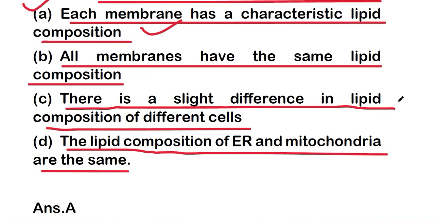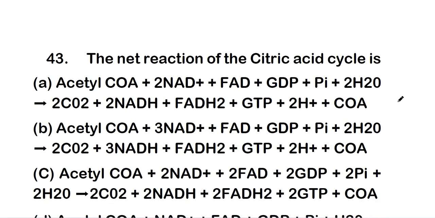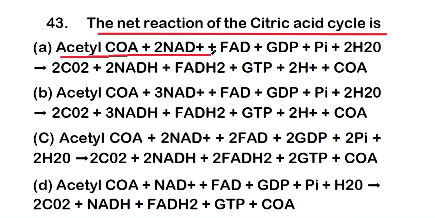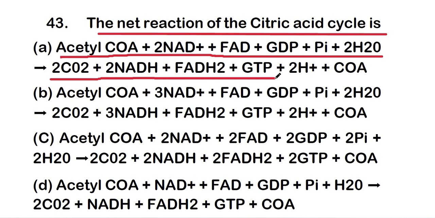Okay, so let's move on to the next question, that is question number 43. So here it is: the net reaction of the citric acid cycle or TCA cycle is option A, acetyl CoA plus 2 NAD plus FAD plus GDP plus phosphate plus 2 H2O goes to 2 CO2 plus 2 NADH plus 2 FADH2 plus GTP plus 2H plus CoA.